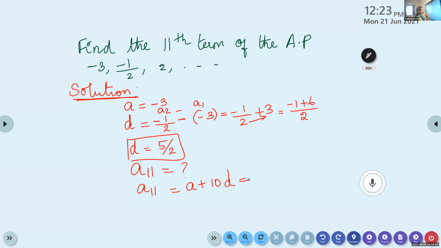Okay, Nirubama, tell me, what's the next step? Substitute the value. When you substitute it, what will you get? Negative 3 plus 10 into 5 by 2. Then 10 into 5 by 2. So what is the next step?